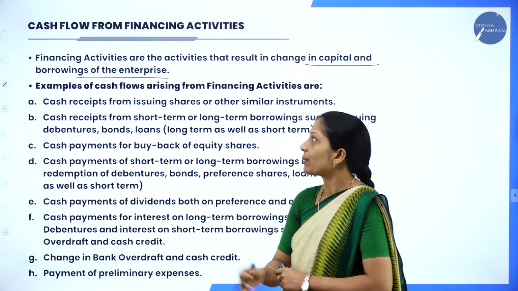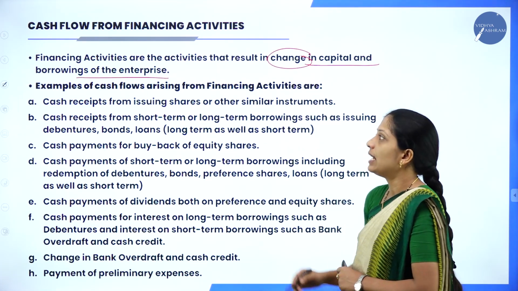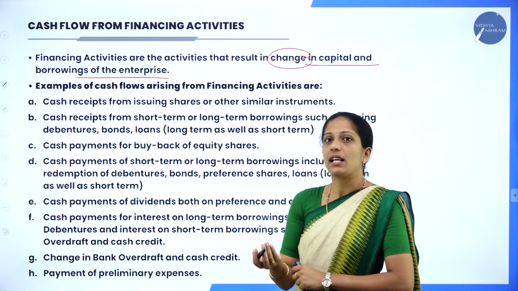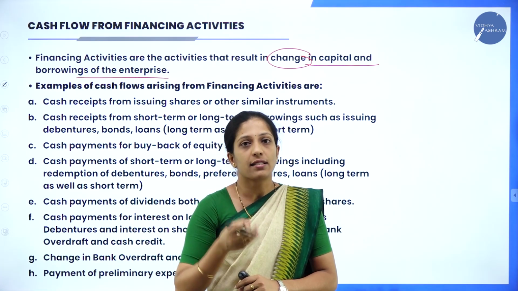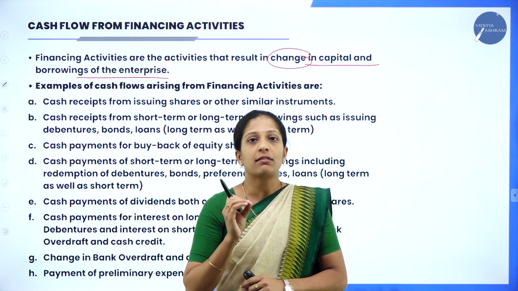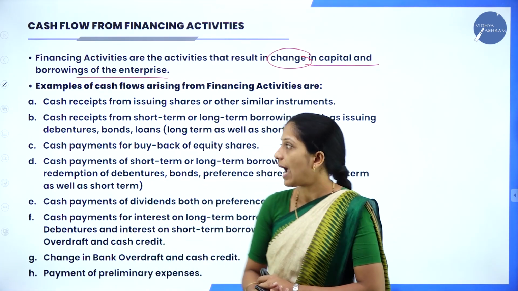So your capital, suppose if you borrow from the outsiders, your capital will increase. In the same way, if you lend to the outsiders, your capital decreases. So anything that results in change of capital comes under financing activities.